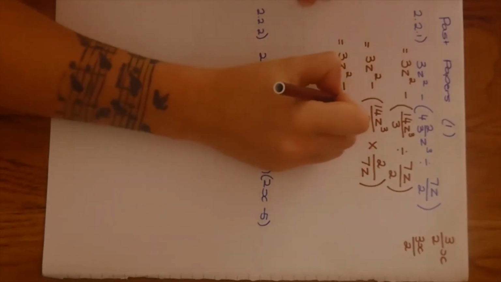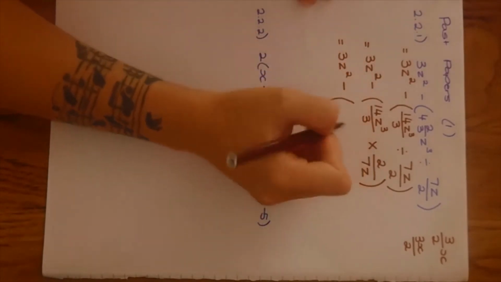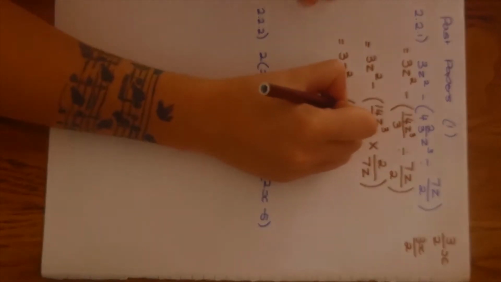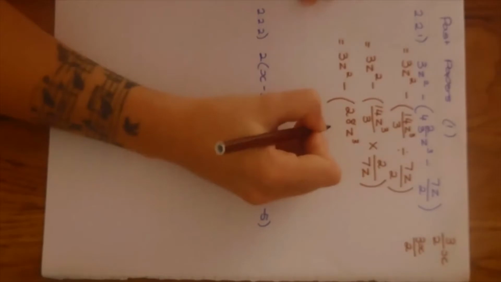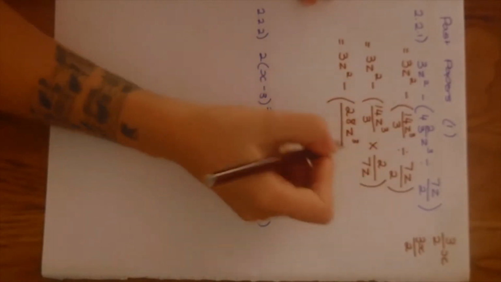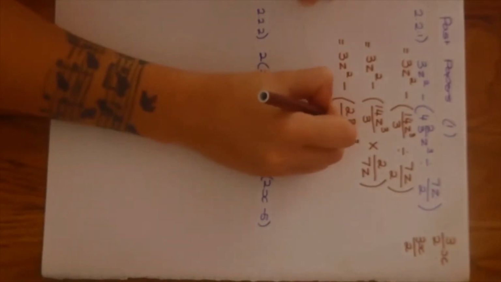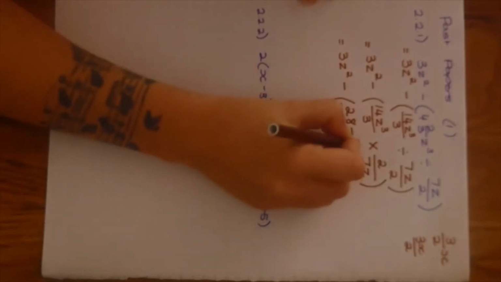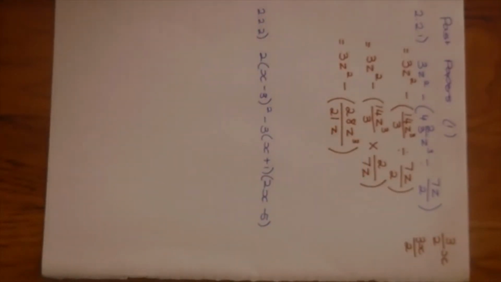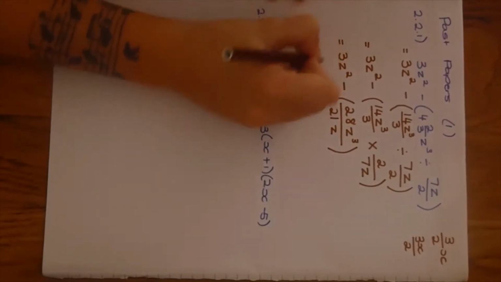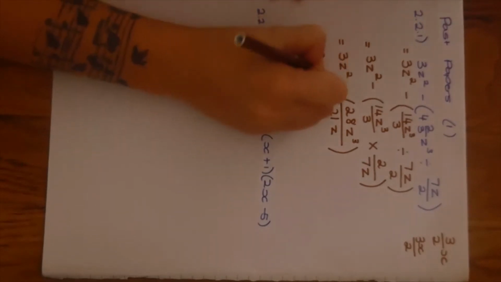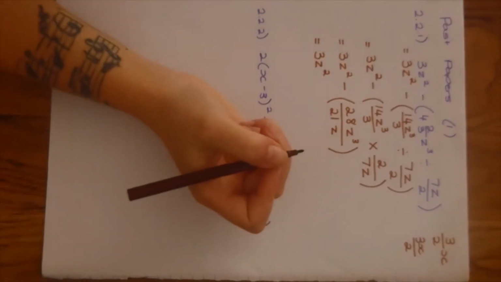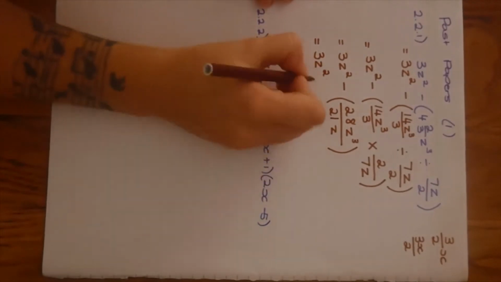Okay, so top times top here, 14 times 2 is going to be 28. Then you still have z cubed, all over 3 times 7 is 21z. Now you are allowed to cheat with your calculator. They do let you use a calculator in your end of year exams, so I'm going to let you use it now.